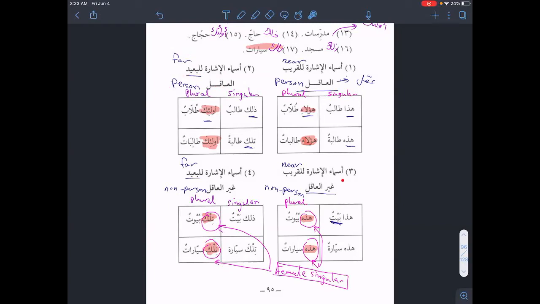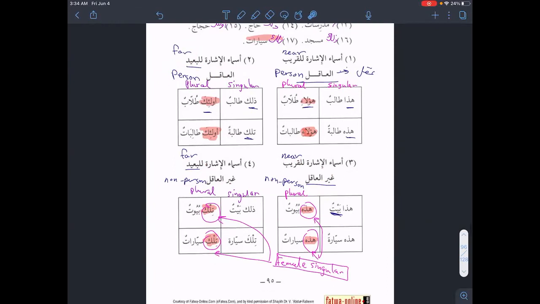And we also have أسماء الإشارة للقريب غير العاقل. So قريب means near or close. غير العاقل means non-person. So anything but person. أسماء الإشارة للبعيد غير العاقل, far non-person. So now let's go through these and see what's the difference.